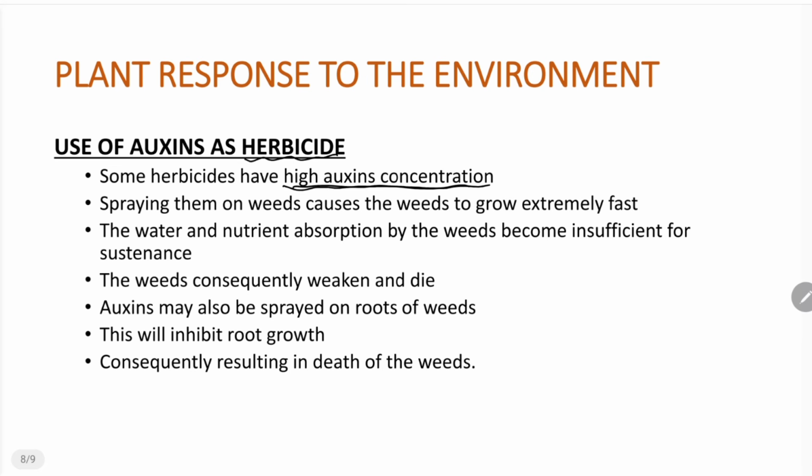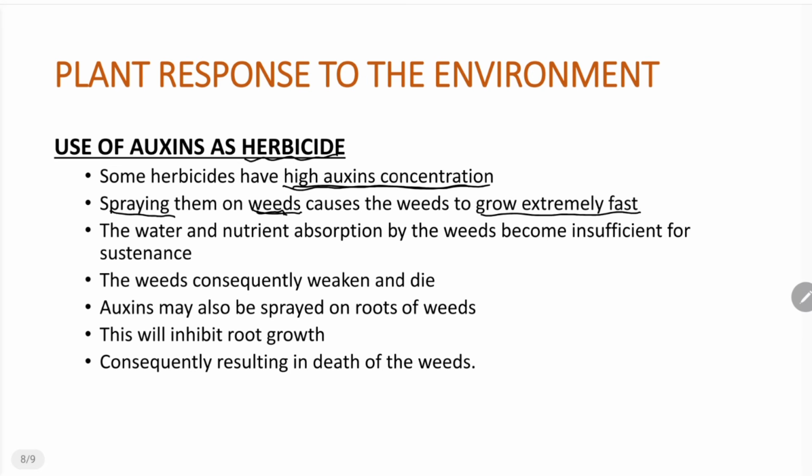So how is it that a chemical that has a high concentration of auxin is going to affect or kill a weed? How is it going to happen? Now, we're going to simply spray this herbicide on the weeds, right? But as a consequence of spraying this herbicide on the weeds, the weeds are going to grow extremely fast.